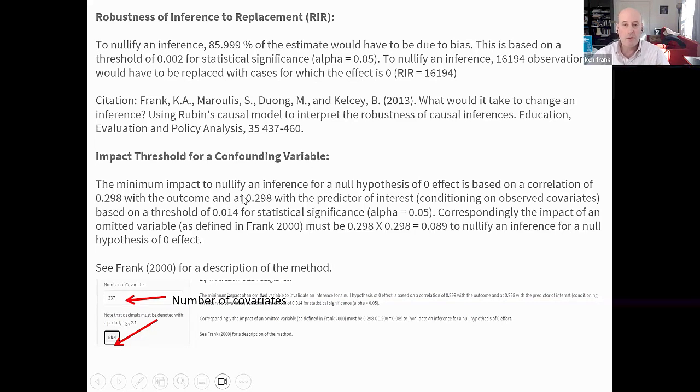We also showed the ITCV, the impact threshold for the confounding variable here, and we find out that an omitted variable would have to be correlated at almost 0.3 with the predictor of interest, absenteeism, and with the outcome, change in achievement, to change the inference. So yes, there could be an omitted variable. How strong would those correlations have to be? About 0.3.